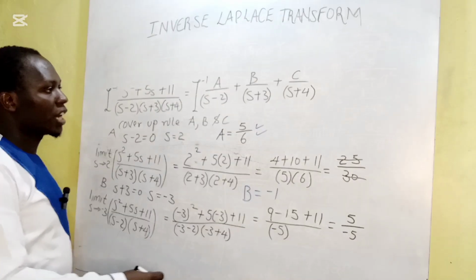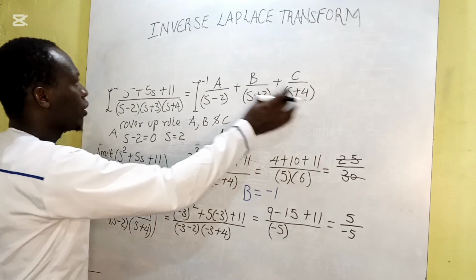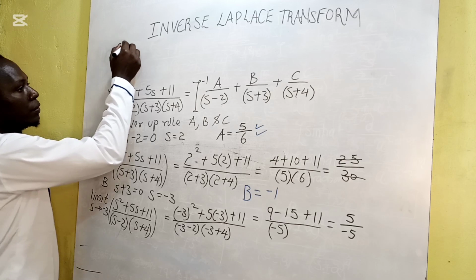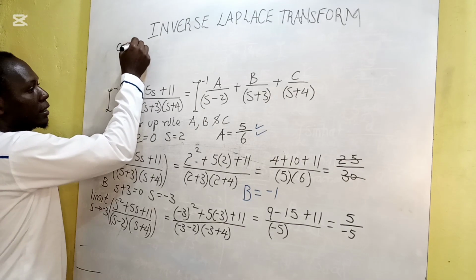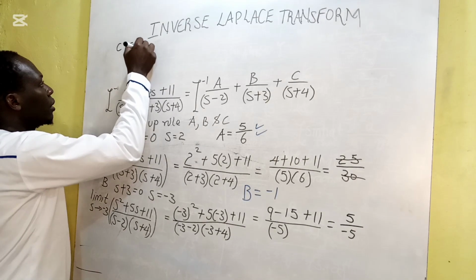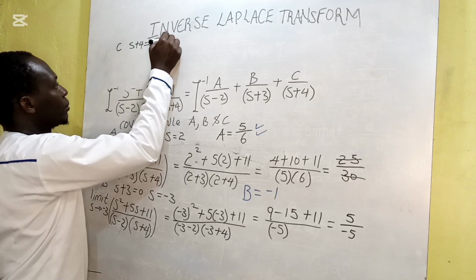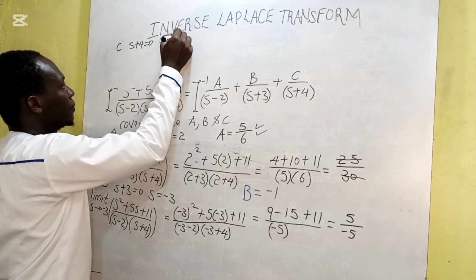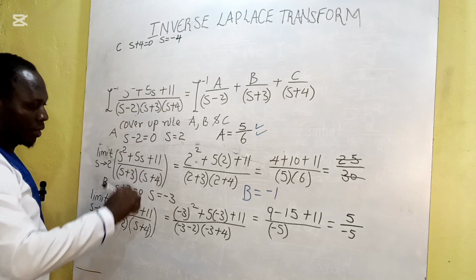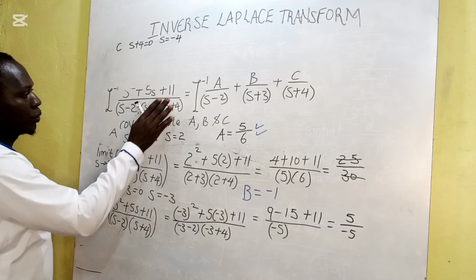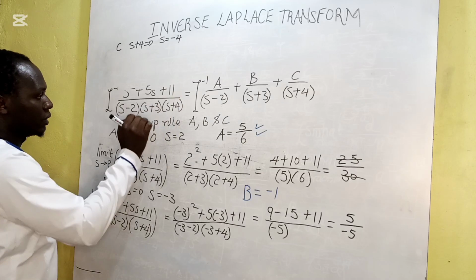Let us now use the cover-up rule to get the value of C, whereby we are going to have S equal to 0, whereby S will now be equal to negative 4. We are going to use the cover-up rule, whereby we cover up this term.